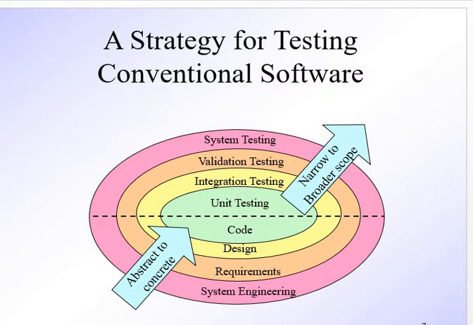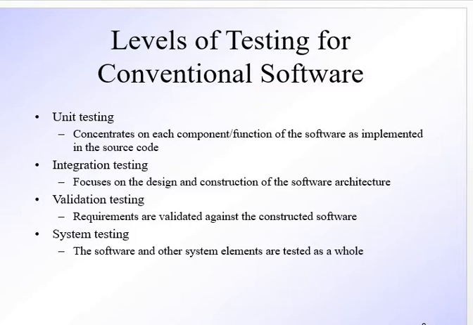Okay, so let's move towards the levels of testing for conventional software. Unit testing concentrates on each component function of the software, so it focuses more on the separate component; that is what we call unit testing. Then we have integration testing: all the components are combined, then the testing will be carried out.